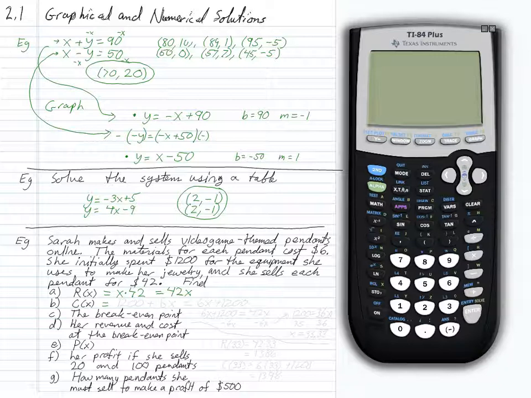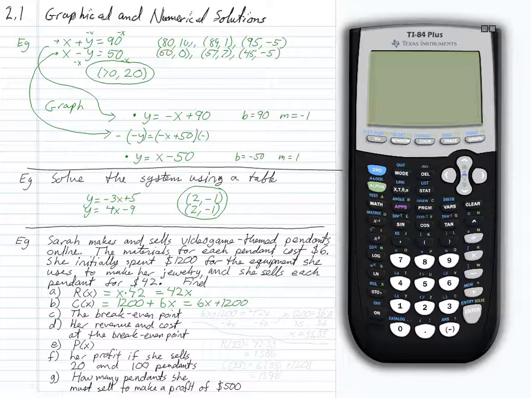So our cost function, we are told she pays $1,200 to get her business off the ground, and on top of that, if she produces x pendants, each one costs $6. So that would be our cost function, $1,200 plus 6x, or if you prefer to write it in descending terms, 6x plus 1,200.